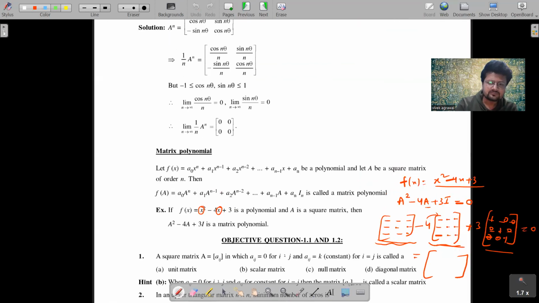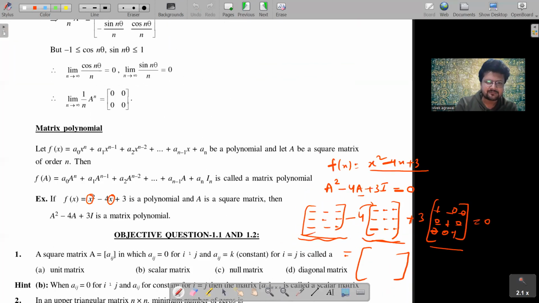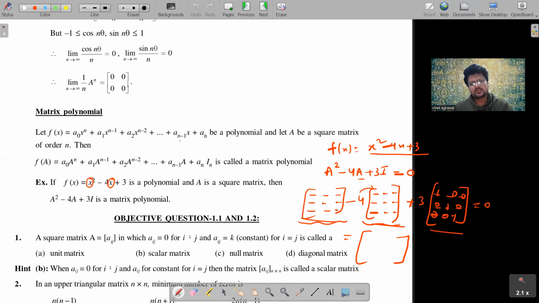And in the end, we did matrix polynomial. So matrix polynomial is nothing but suppose you have been given a polynomial equation, and it says that matrix A satisfies this particular polynomial equation. So obviously in place of x, you can place the matrix A, and that will be equal to 0.